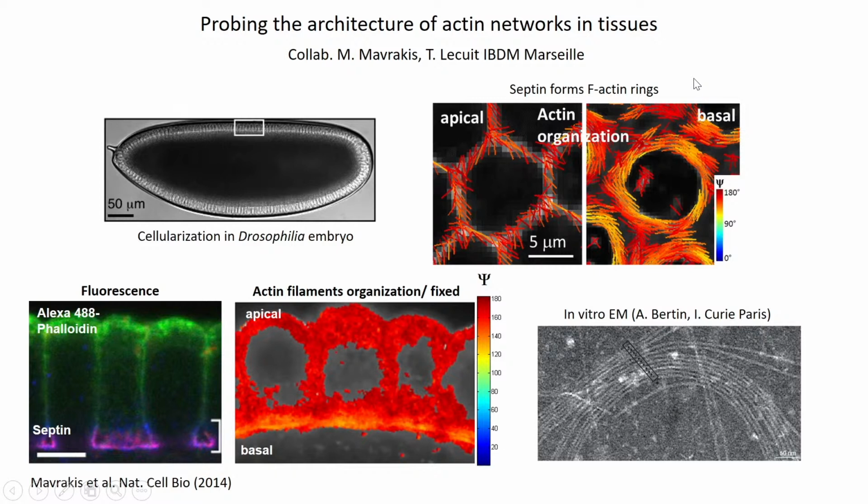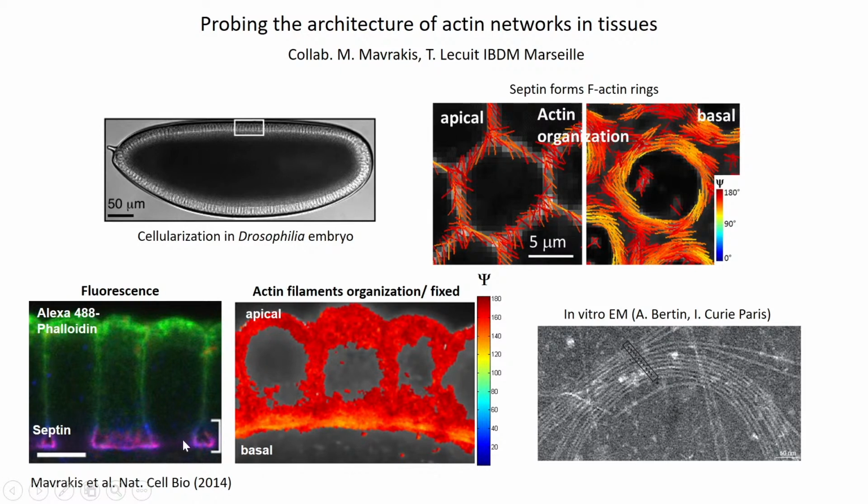So these are examples of what we have achieved with this method, and this is one of the most representative ones, where we have been able to detect the fact that actin is highly organized in certain parts of the cellularization of the Drosophila embryo development, and that this is highly related to another cytoskeleton protein that is present with actin at the basal part of the cellularization process.